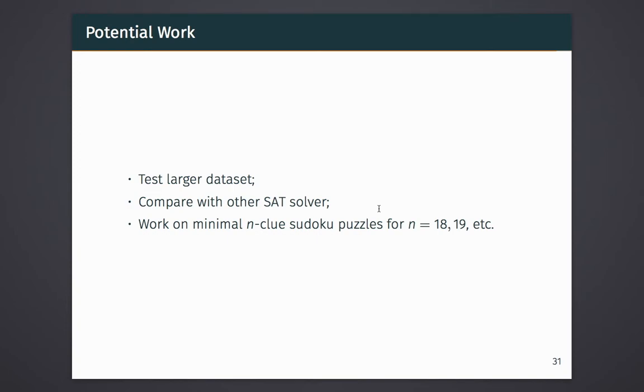The third work we can do is to work on minimal n-clue Sudoku puzzles for n to be 19, 18, etc. This is mainly focused on the first problem because we guess that there may be a connection between the strange phenomenon of average saved time and the fact that all the 17 clue puzzles are minimal while the others are not.